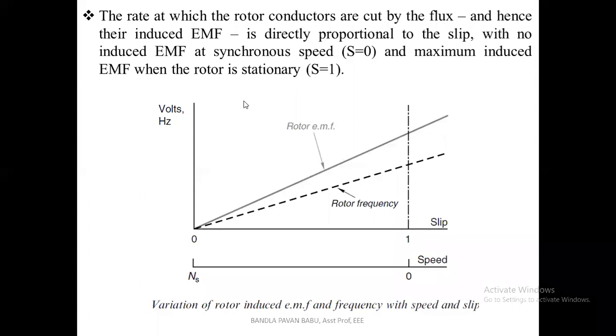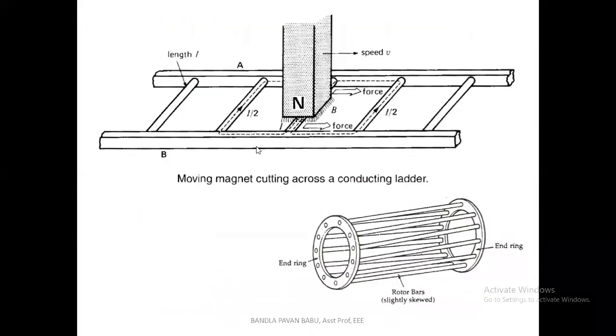I hope you understand this point. Once again, look at this ladder diagram. If the permanent magnet and the ladder move at the same instant, the rotor never rotates, but there exists the maximum induced EMF. That condition is s equal to 1.